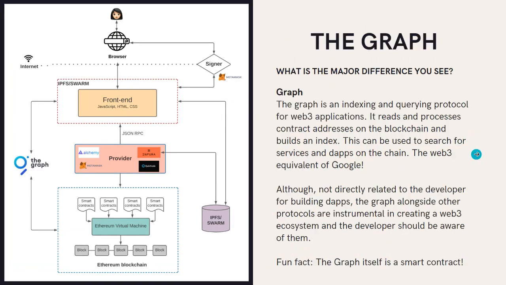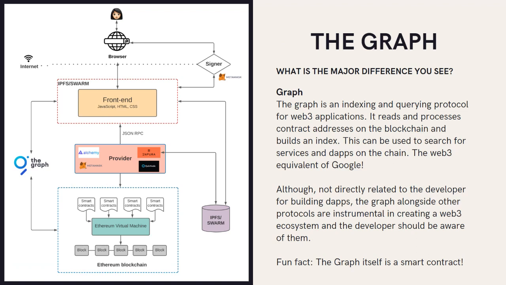Cool. So I think I'll move on to the next part, which is the Graph. If you see, the change that we have added is this part on the left hand side, the Graph, which is essentially what Google is in the Web2 ecosystem.